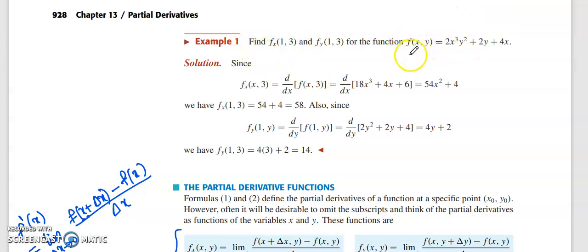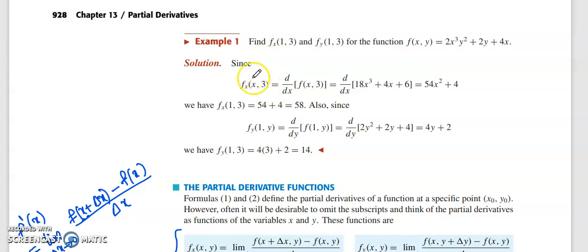You are given the function f of x, y equal to 2x cubed y squared plus 2y plus 4x. You need to find fx at (1, 3) and fy at (1, 3). If you need to find fx, you are going to fix the variable y.